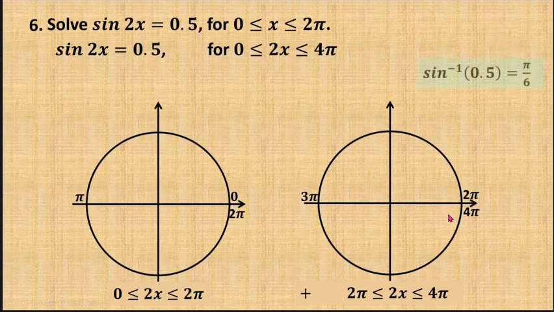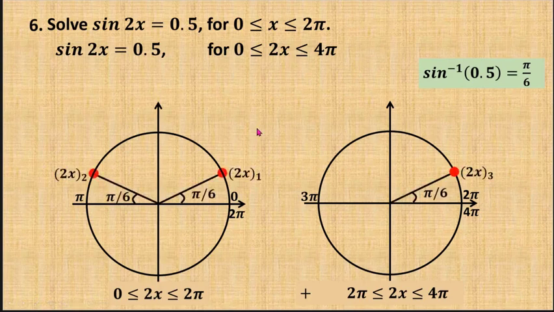The basic angle is pi over 6. Since sine 2x is equal to a positive value 0.5, which means that the angles 2x should be in the first quadrant and second quadrant in both circles. After determining the locations of the angles, now I'm going to find the values of the angle.